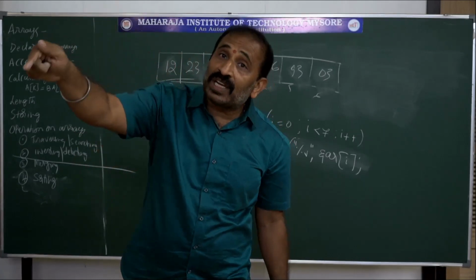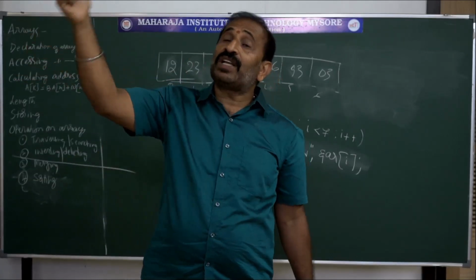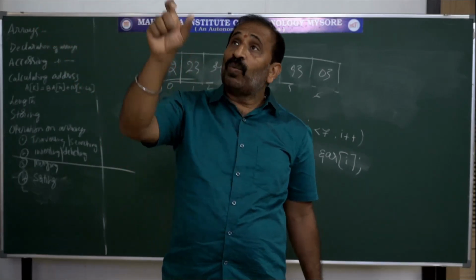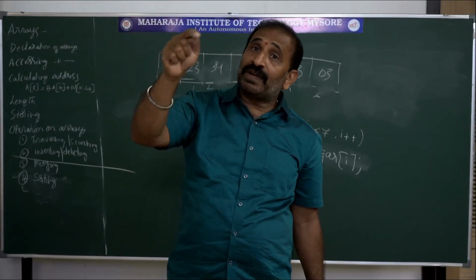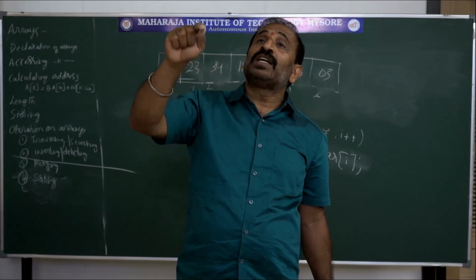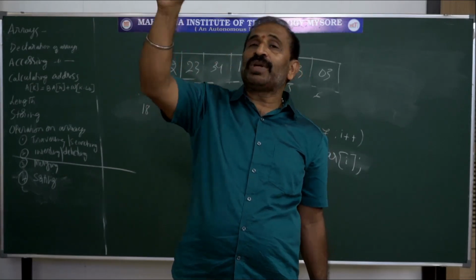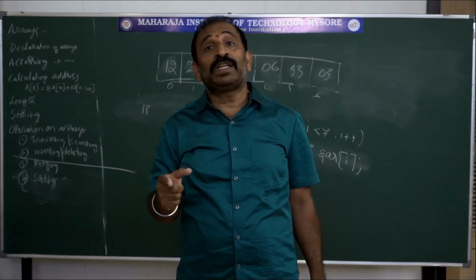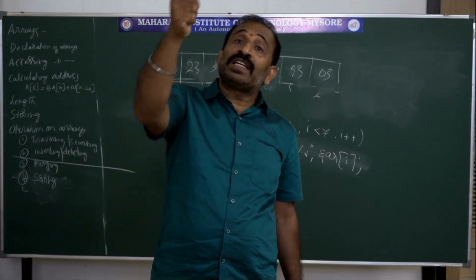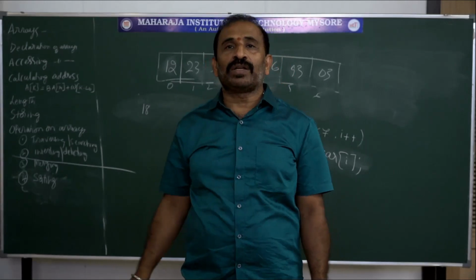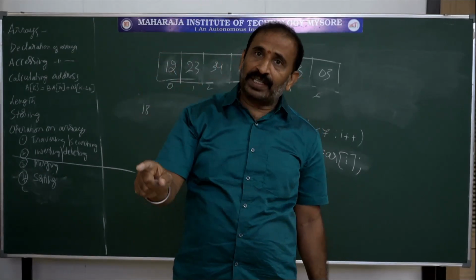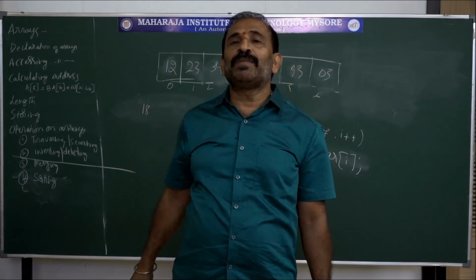Whether that data is there in the array or not, you have to identify that. Once you identify it while doing the searching, then you can do the deletion. So the first step of deletion is to confirm whether that element is there in the array or not. If it is there, then delete that element.